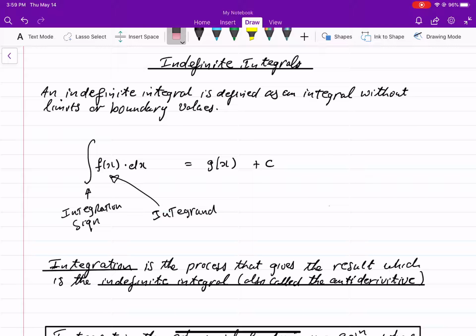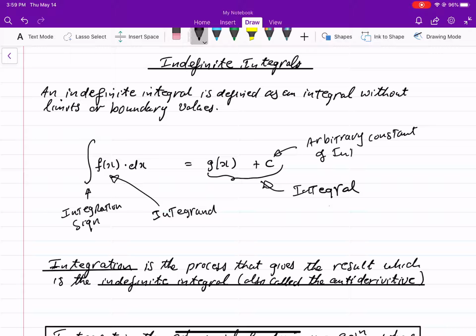So this entire thing here, that's called the integral. The result of integrating the integrand gives you the integral. And the c alone, that's called an arbitrary constant of integration. You need to be familiar with all of those terminologies.